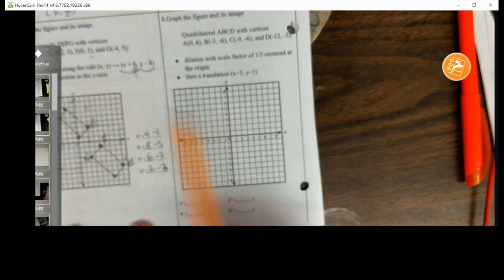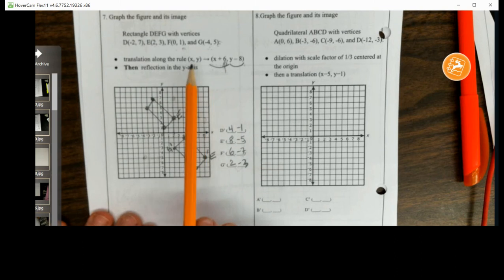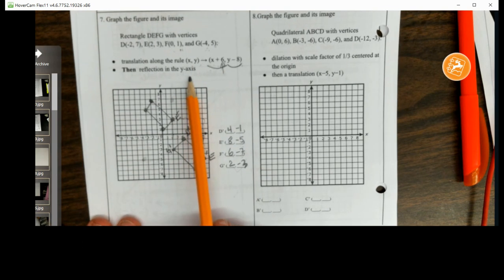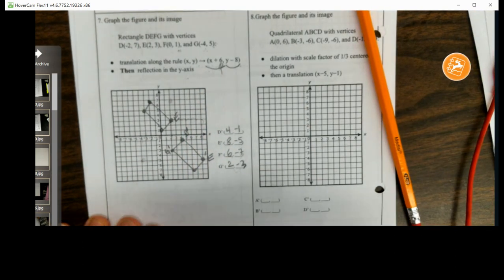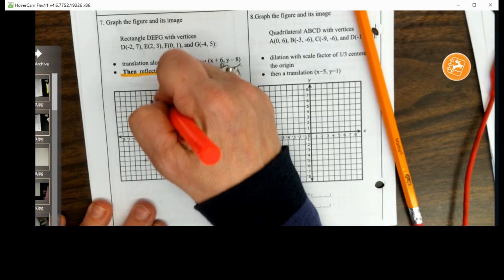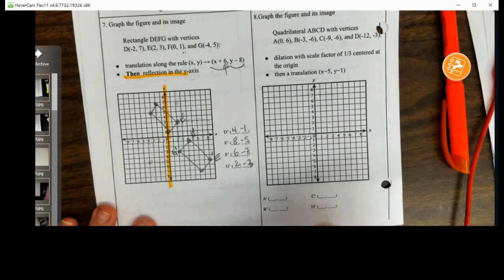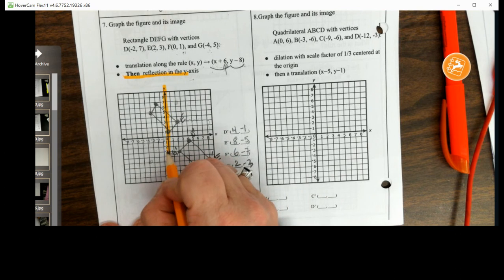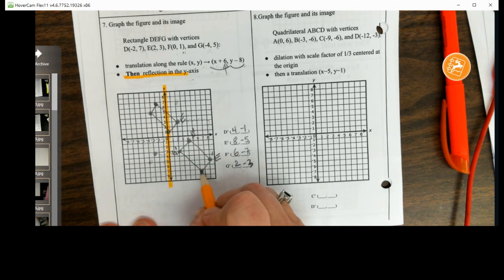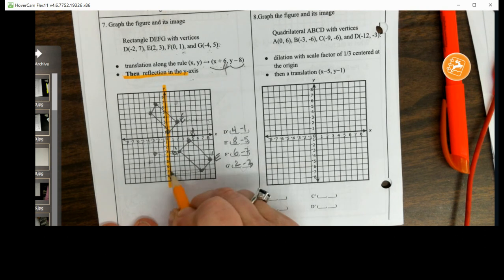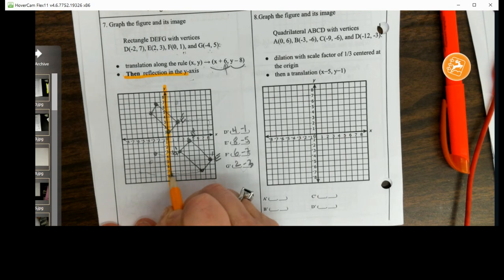Let's graph the figure. After you translate it, you're supposed to reflect it, so we're not even done. First translate, then reflect over the y-axis. This is the y-axis, and we count over 1, 2, 3, 4, 5, 6.